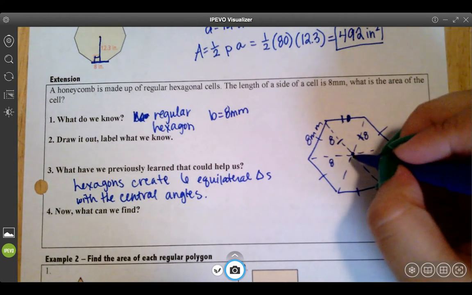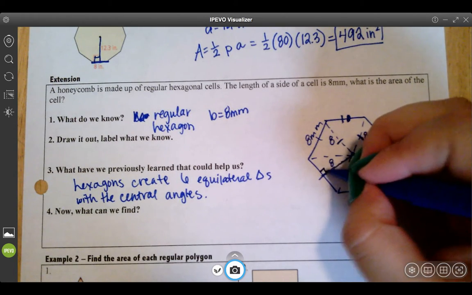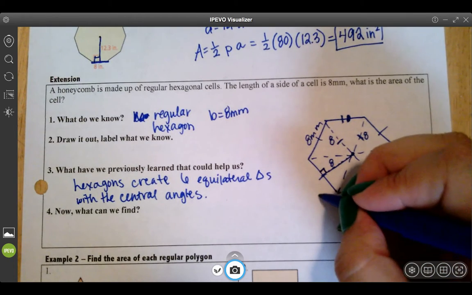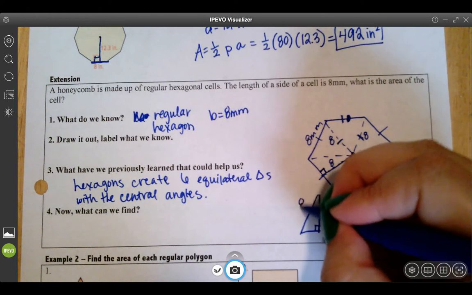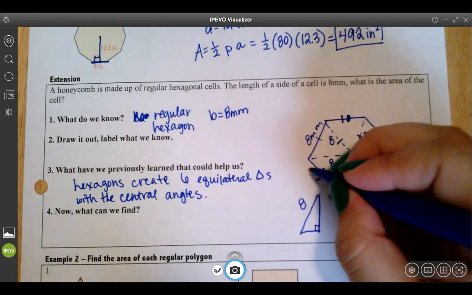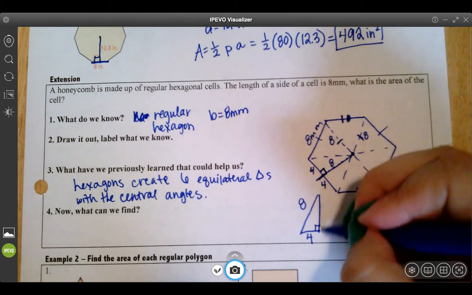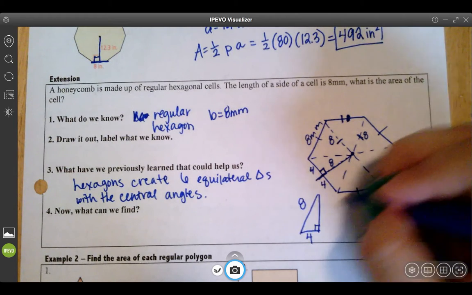And how do we find the apothem? Well, how do I find the height if I know that this side is 8? So I'm going to draw this out again. Here's my apothem. This side is 8. I just cut this side in half, so that's 4 and 4. And I need this other side. Well, remember our 30, 60, 90 special triangles?